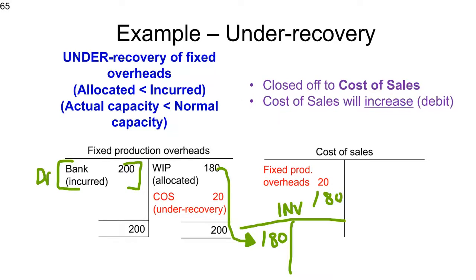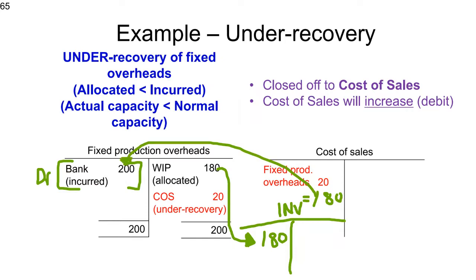Now the problem is we are telling everyone, via the cost of sales account, that it cost us 180 Rand to produce these goods. How much did it actually cost us? It actually cost us 200 Rand.